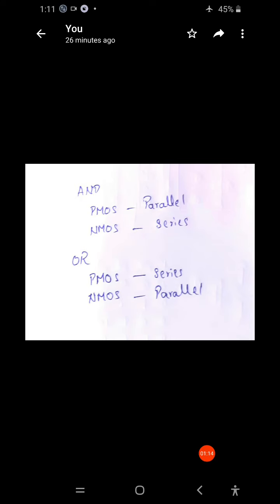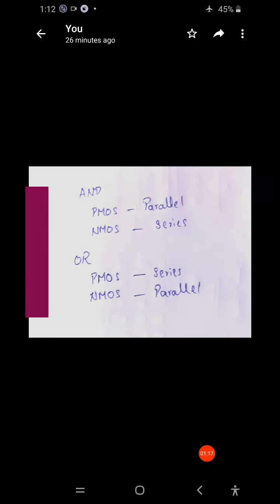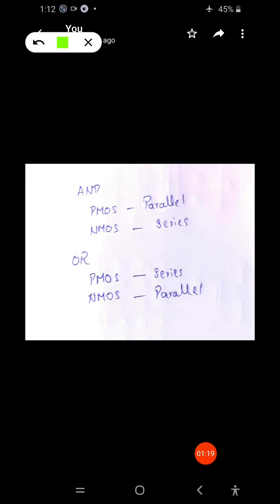So in this NAND gate we have to connect the PMOS transistors in parallel and the NMOS in series. By this technique we design the 4 input CMOS NAND gate.